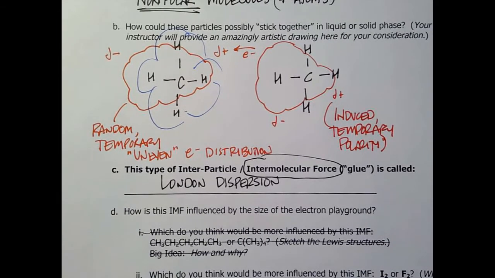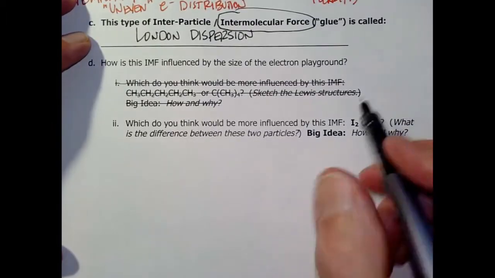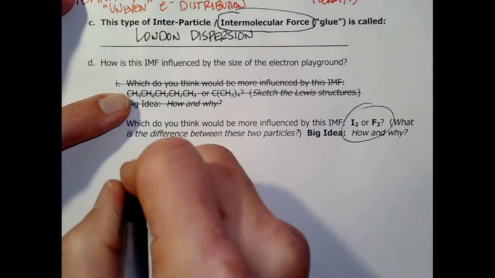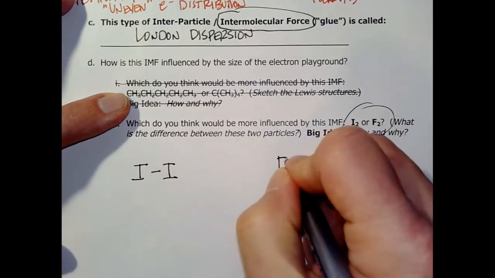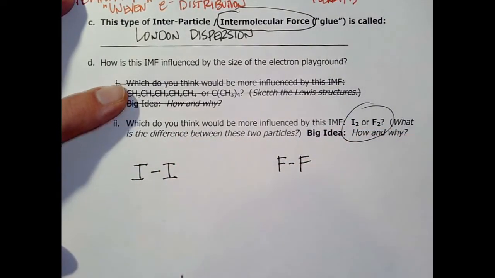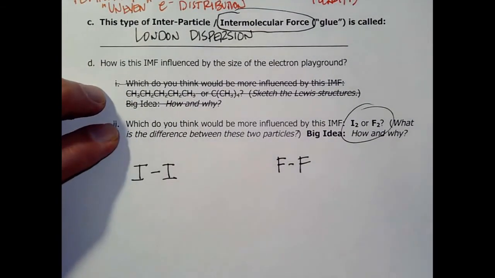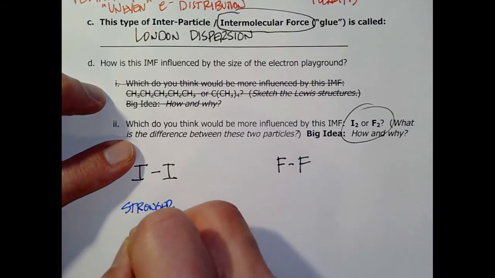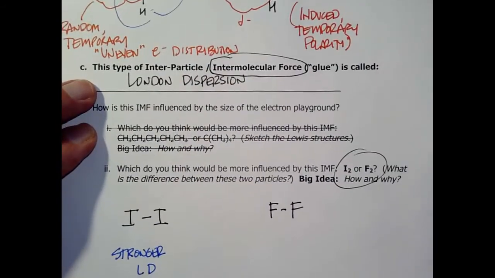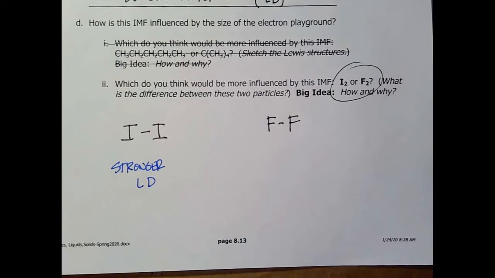Now, within this London dispersion, we can say this is weaker London dispersion and stronger London dispersion. Let's look at I2 and F2. These are perfectly symmetrical, non-polar molecules. But this has stronger London dispersion, LD. Stronger London dispersion, weaker London dispersion.